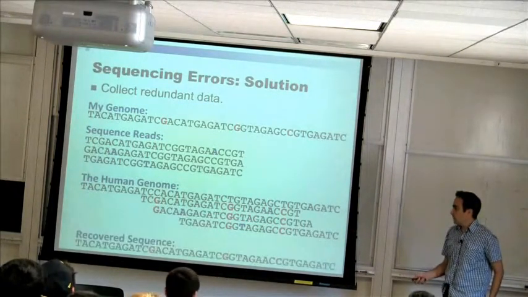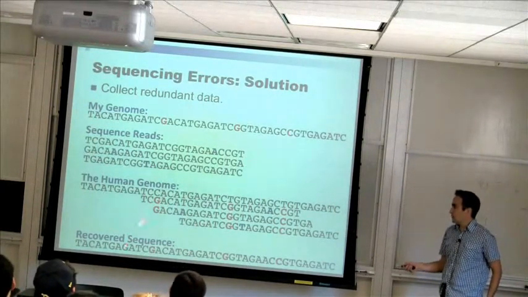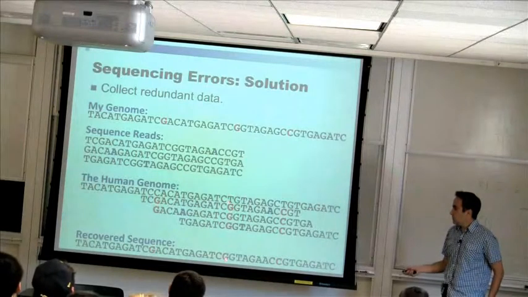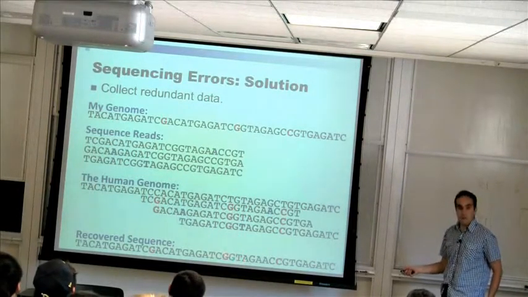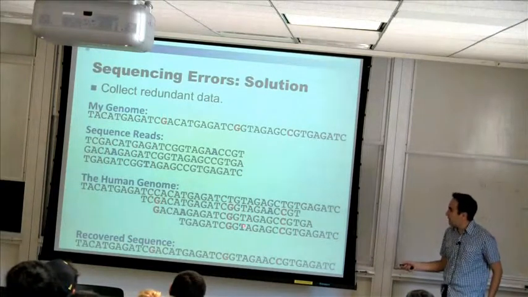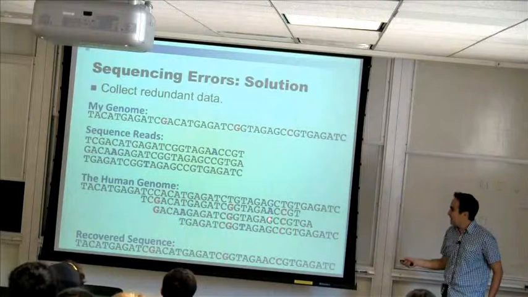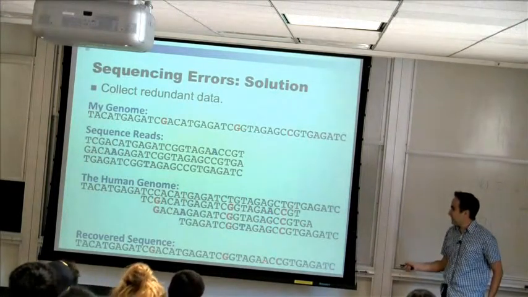So then I can use what's called the consensus: just take the most common value. Here G is the most common, here T is the most common. Oh, this is a really bad error. Here you made an error and you happen to be right. But this one here, yeah.